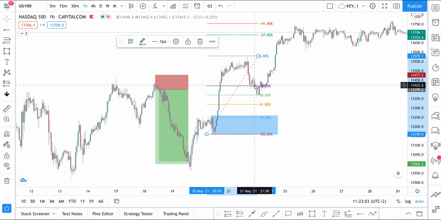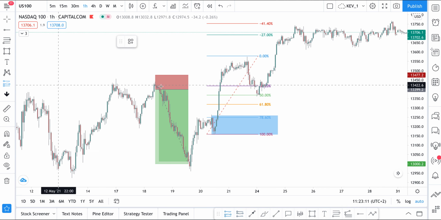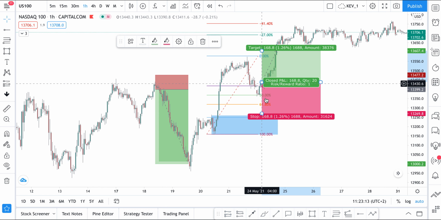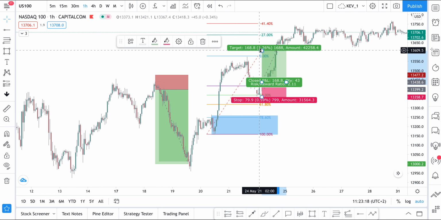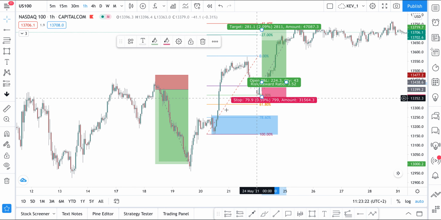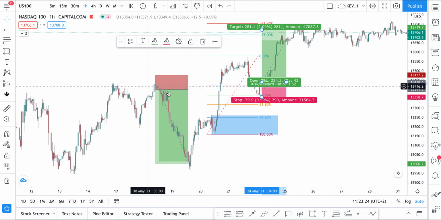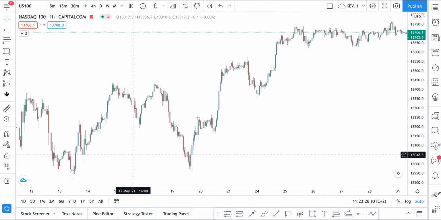I catch the continuation pattern on the 38.2 and keep going, catch my pips. If I wanted to enter that trade, all I have to do is identify my entry, place it where I want it to be, and then get my entries right. Risk reward 3 to 1. Makes it easy, makes it simple, and then you make the money.